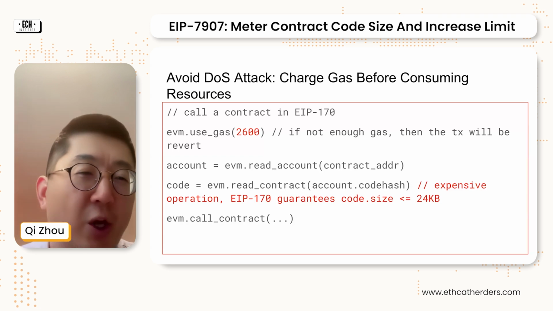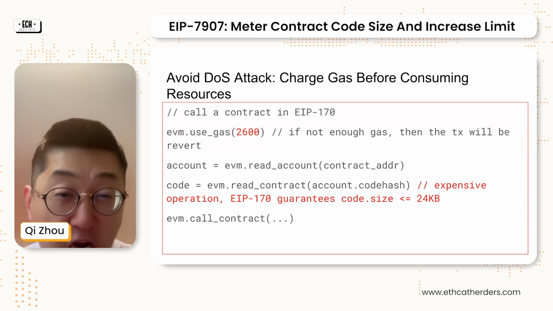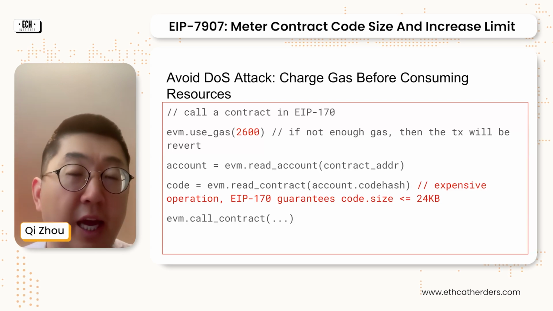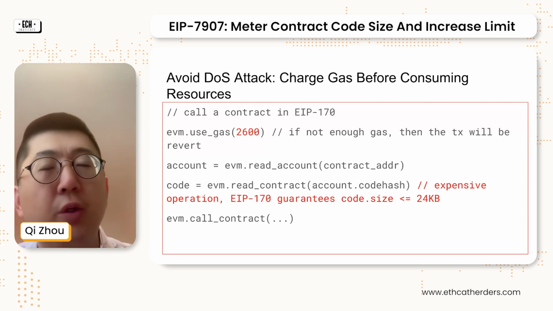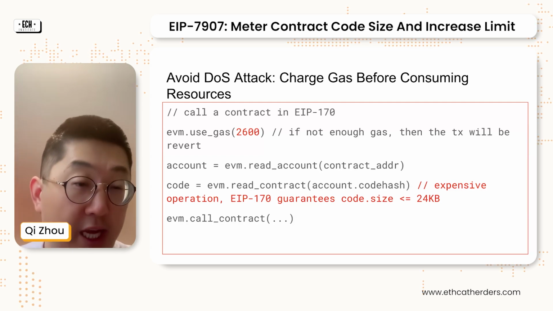before I really move forward, I really would like to check whether the transaction, or potentially the attacker, has already paid enough gas. So here is pseudocode in the Ethereum EVM for how to address this attack.